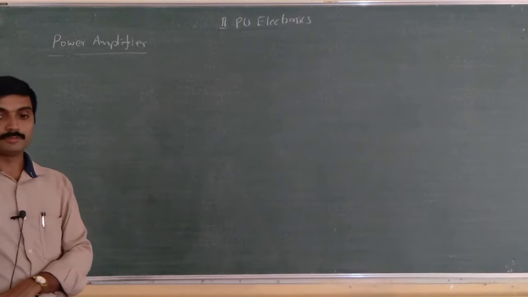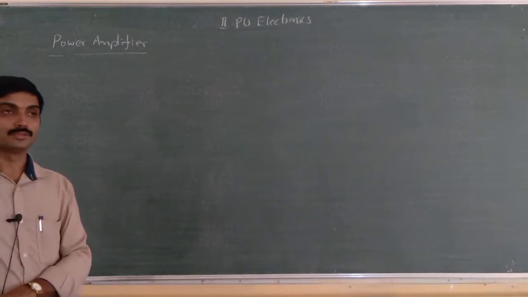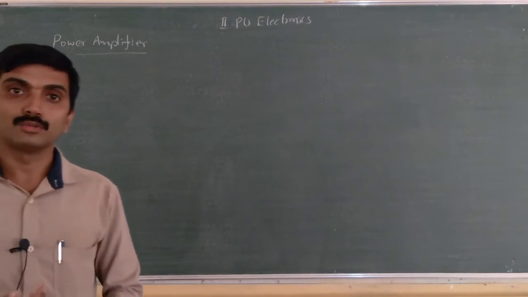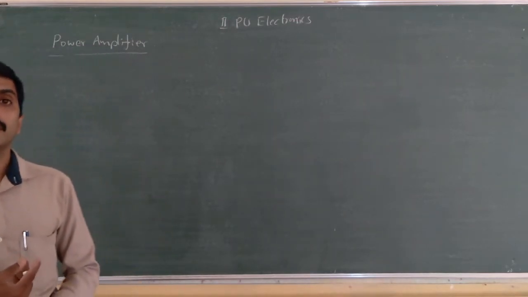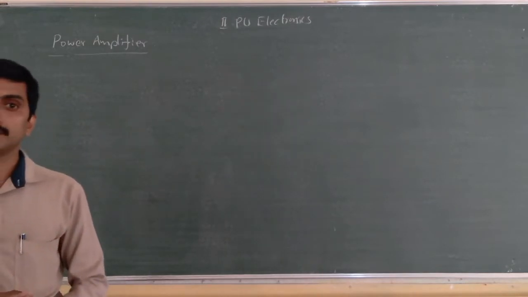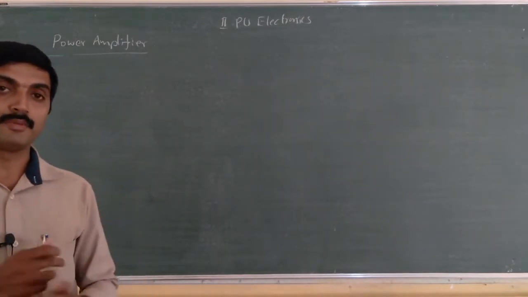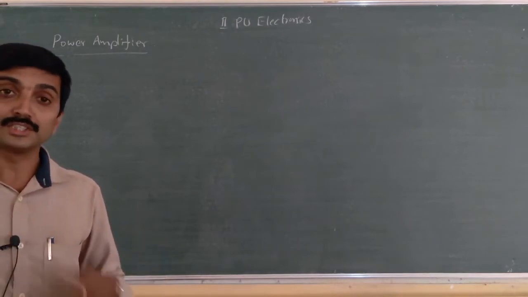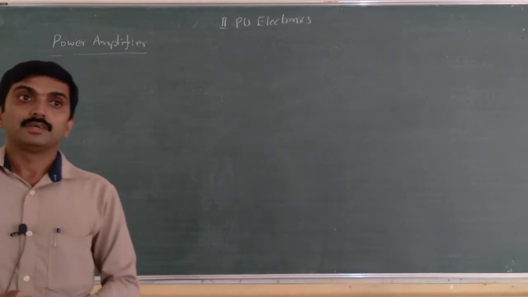See, there are two types of amplifiers. One is used to increase the voltage level, and these amplifiers are known as small signal amplifiers, and such types of amplifiers are known as voltage amplifiers. These amplifiers are generally used in the initial stages of transmitters or at the initial stages of signal recovery.